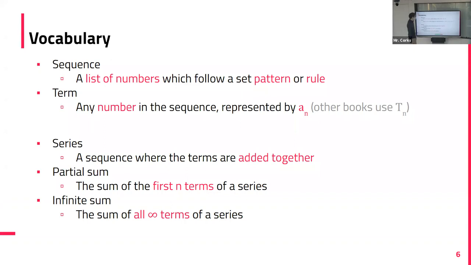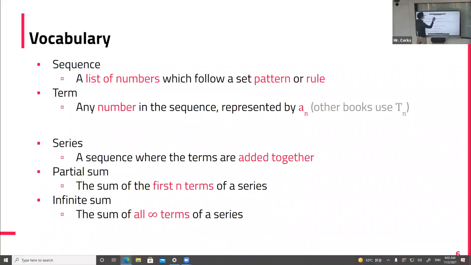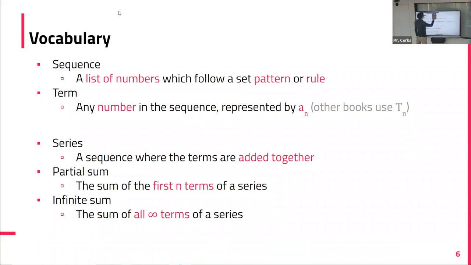So last time, just vocabulary we're talking about, we have a sequence, which is just some kind of list with a pattern or rule. For the things in the sequence, in the list, we call them terms and represent them like this: a_n for any general term.